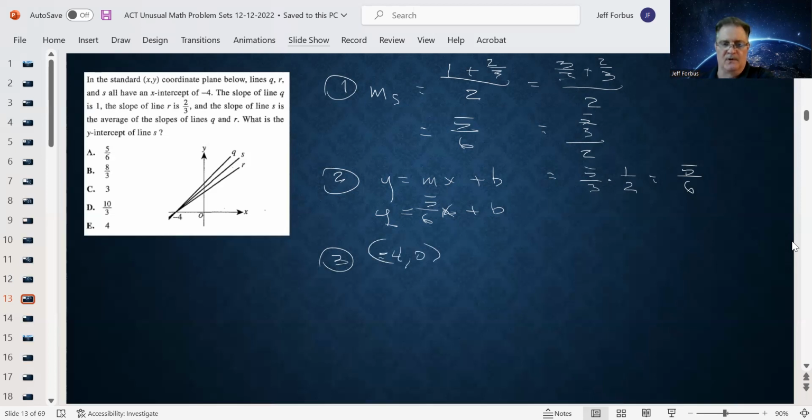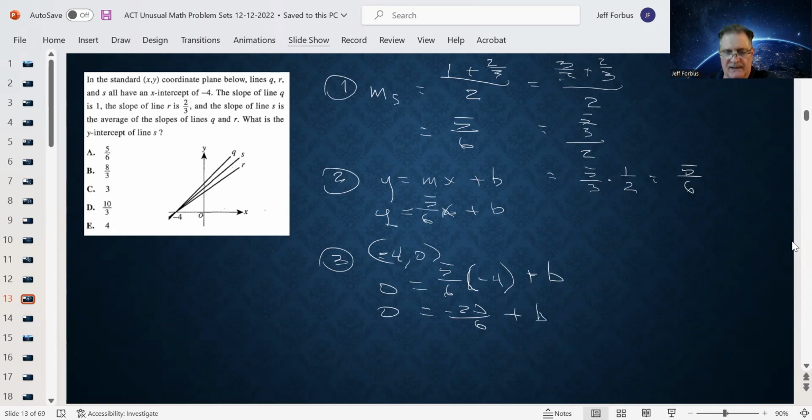So therefore, y is 0. X is -4. Okay, let's do our math to clean this up. So 5 times -4 is going to be -20 over 6 plus b is equal to 0.